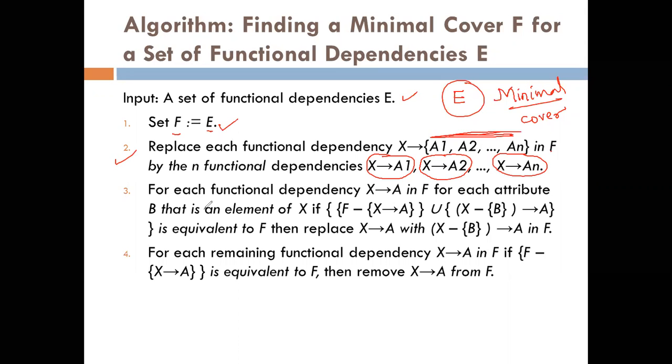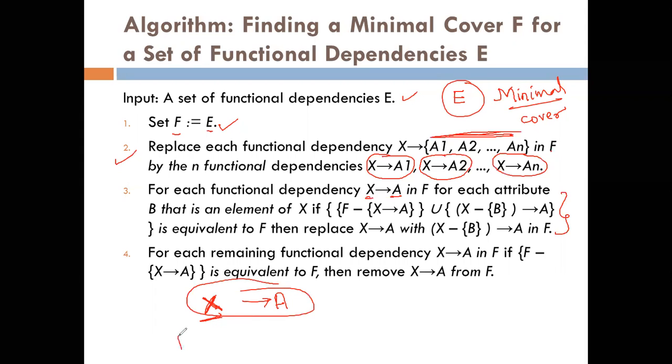Then in step 3, for each functional dependency X determining A, for each attribute B that is an element of X, if F minus {X determining A} union {X minus B determining A} is equivalent to F, then replace X determining A with X minus B determining A. The meaning of this statement is, X is a set of attributes, and for each attribute in X we have to determine whether, if we remove that attribute, the dependency still holds or not.